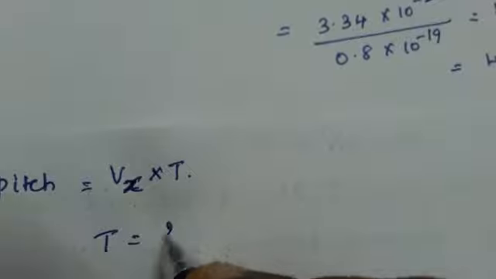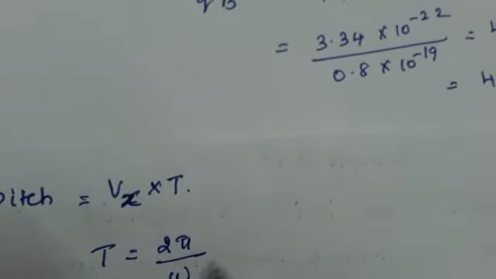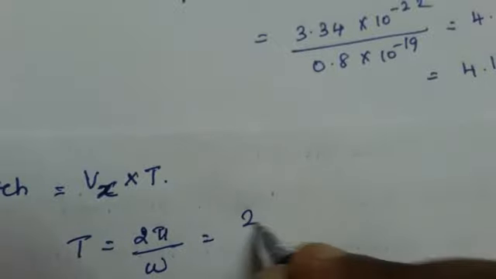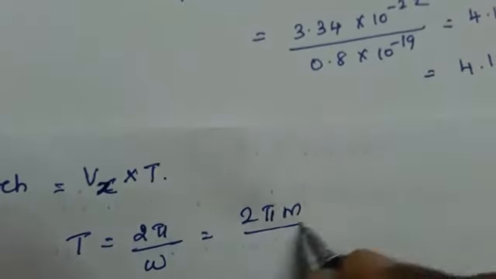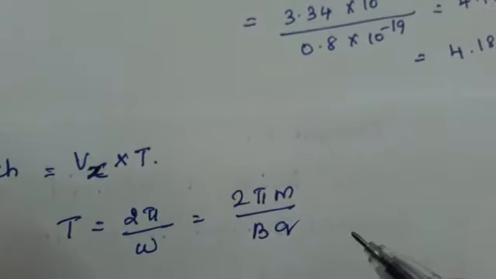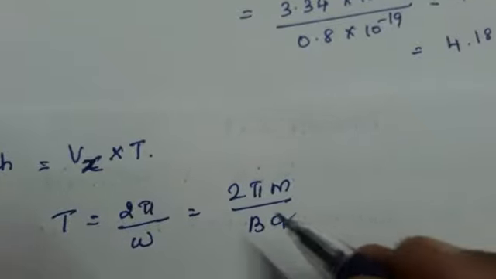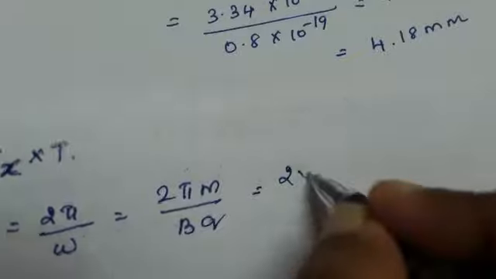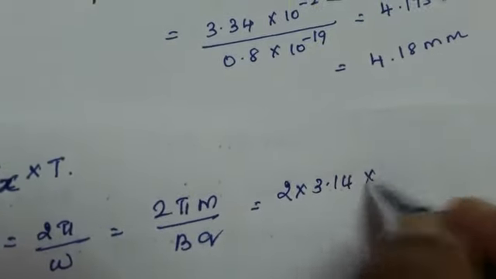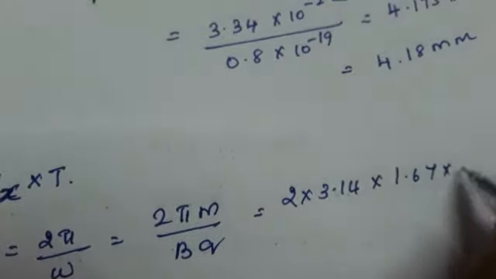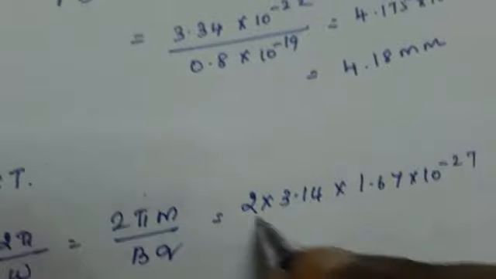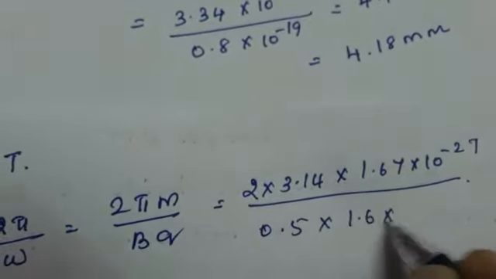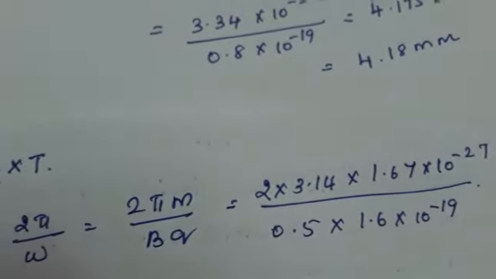Time period is equal to 2 pi by omega. Omega is equal to Bq by m, so it is 2 pi m by Bq. Now we can go for calculation: 2 into 3.14 into 1.67 into 10 raised to minus 27, divided by 0.5 into 1.6 into 10 raised to minus 19.